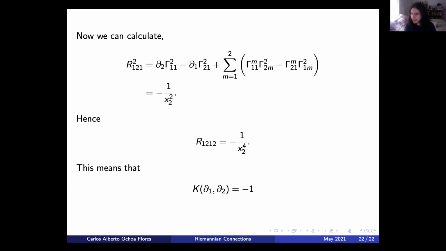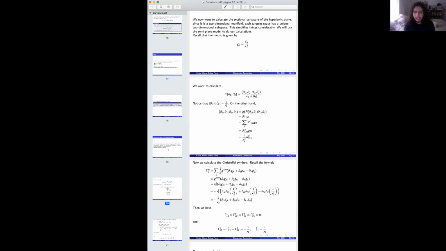Yeah, I'm not sure if the whole pseudosphere can be seen as an isometric image of some subset of the whole of the hyperbolic plane, right?